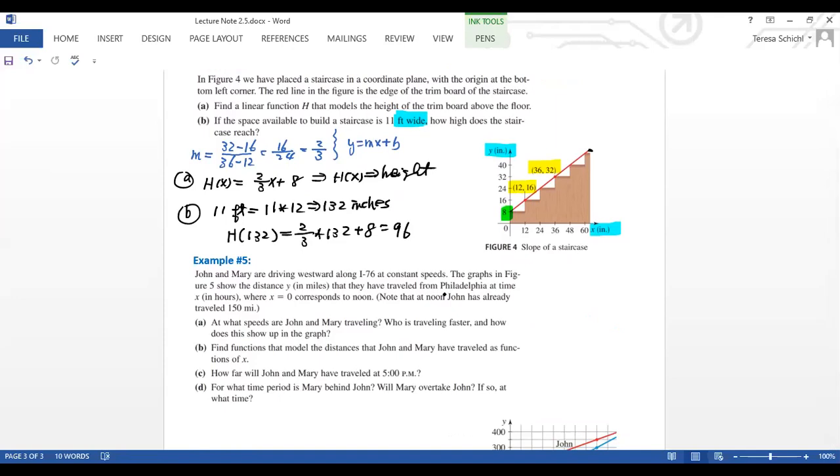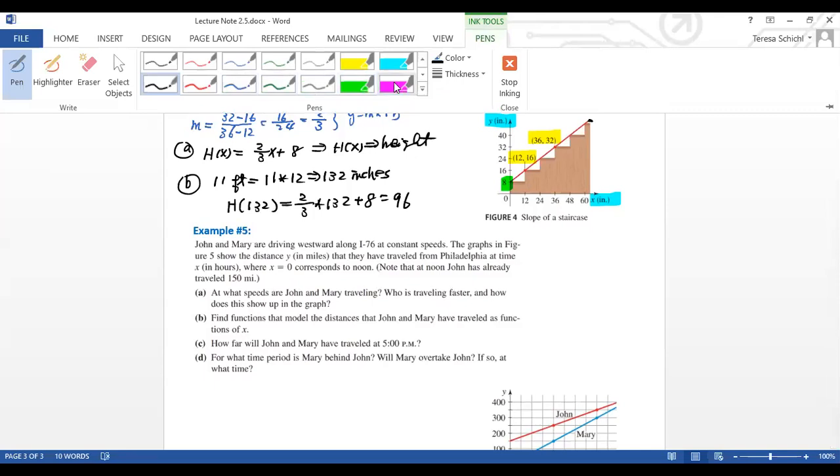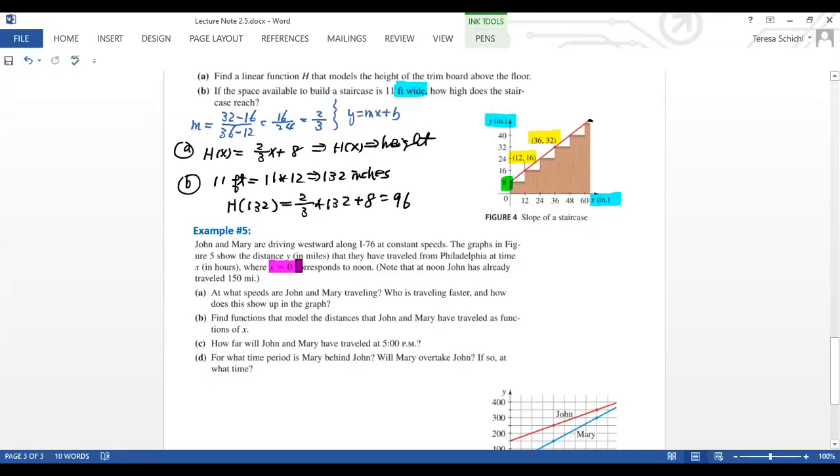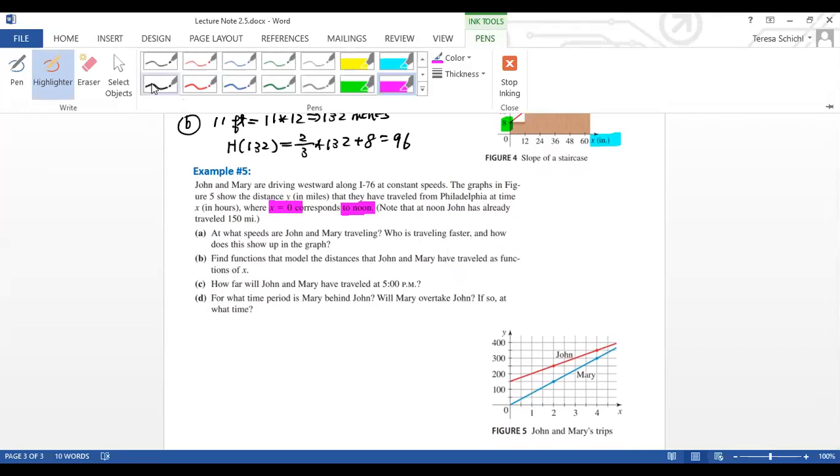Say John and Mary are driving westward on I-76 at a constant speed. The figure shows the distance they travel from Philadelphia at time t, and t equal to 0 corresponds to noon. What are the speeds of John and Mary?